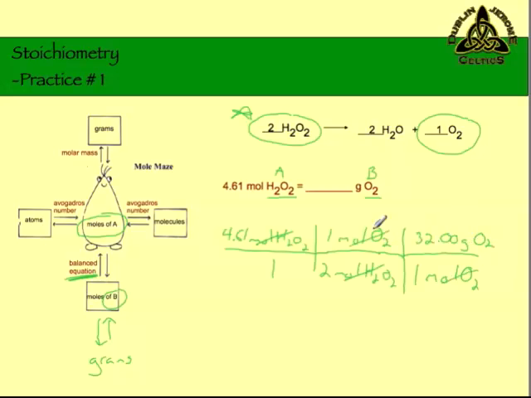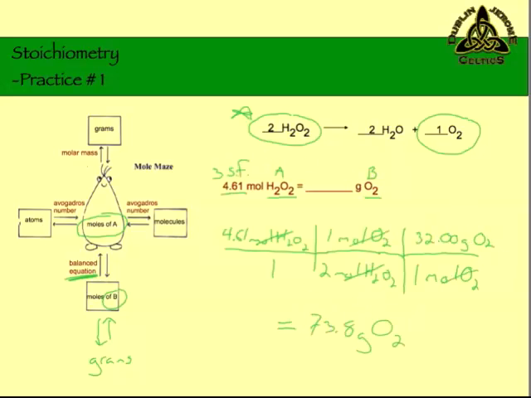I multiply this all out, and I get an answer with 3 significant figures, because that's what I started with. So you always look at what you start with. 3 significant figures is 73.8 grams of oxygen. This is a very common conversion. Okay, moles of one substance to grams of another.